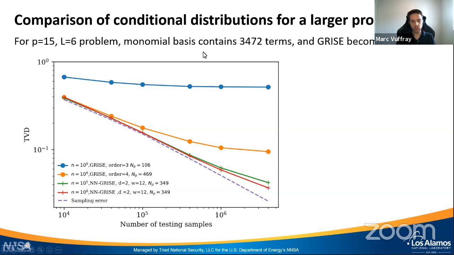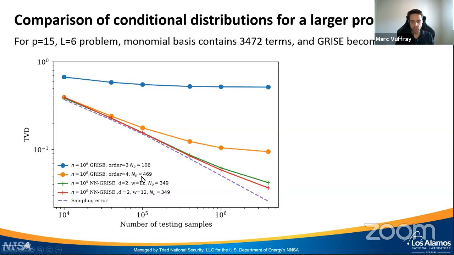And you have a monomial basis that contains, if you would do GRIs fully, all the way to order 3 or 4, about 3,000 terms. So it becomes quite intractable. This is what you would need to do GRIs fully and reconstruct the model exactly.